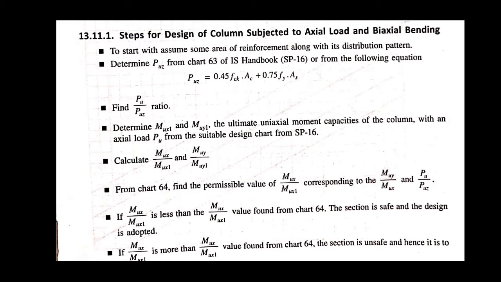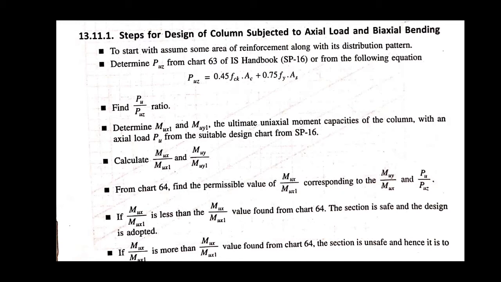So, it is clear that for design of column along with IS 456 2000 we have to follow also SP16 for few charts. Now, next step is determine Mux1 and Muy1, the ultimate uniaxial moment capacities of the column with an axial load Pu from the suitable design chart from SP16.